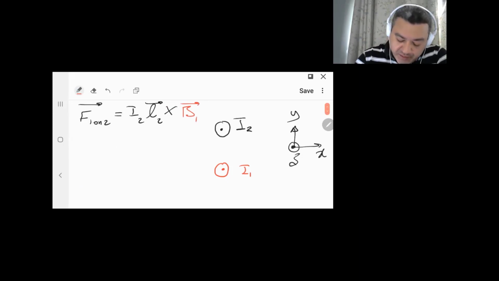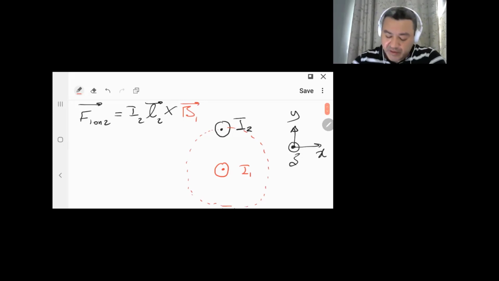So here I have the magnetic field generated by I1 along this circle that has the radius r.